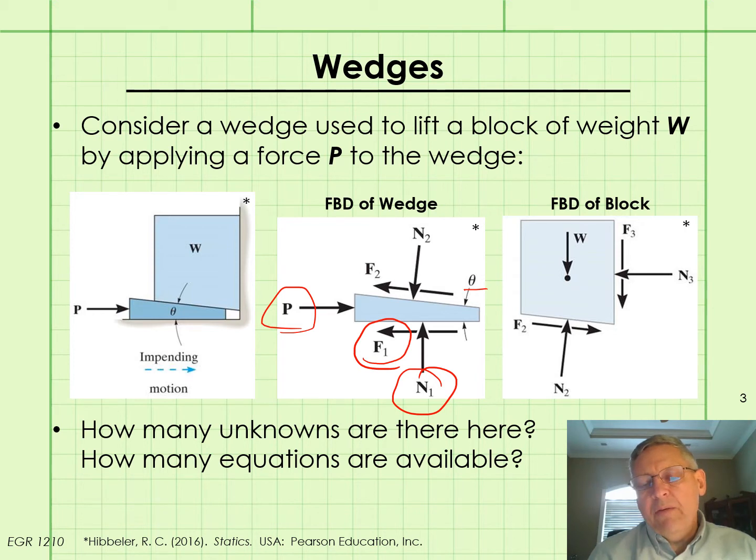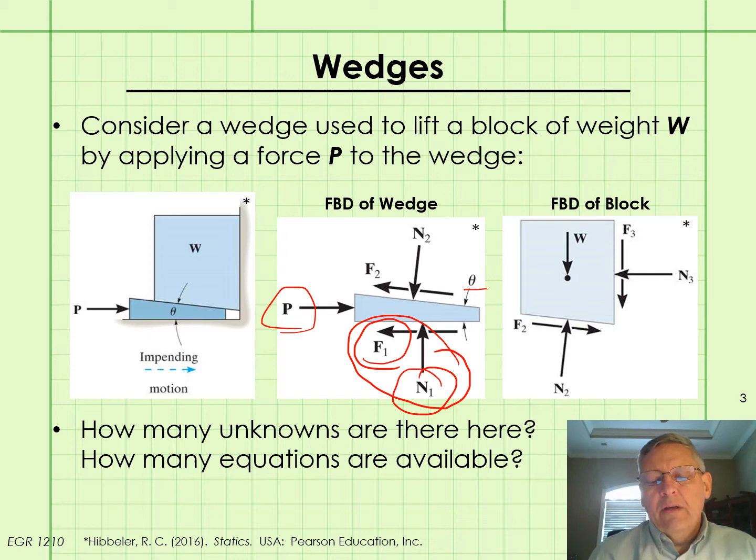So at this point we would say we had three unknowns, but remember, we can express that frictional force as a function of the normal force, since as in the last lecture we saw that the frictional force is equal to the coefficient of static friction multiplied by the normal force. So this is really just one unknown here, assuming we know the coefficient of static friction.